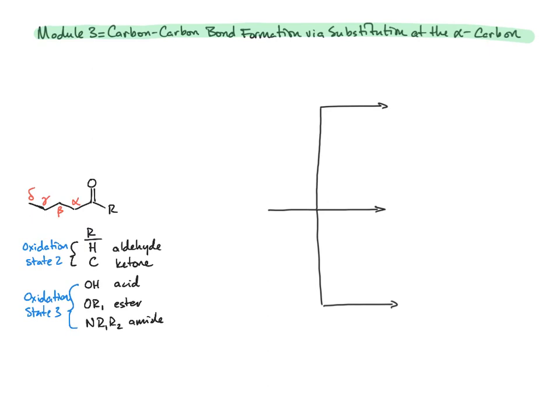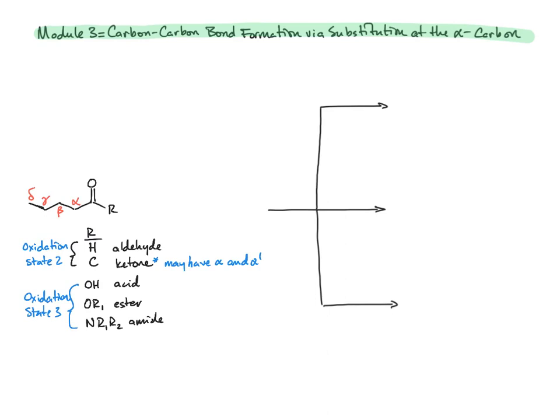So really, the ketone is the one you have to be concerned about. We'll write may have alpha and alpha prime if the molecule is unsymmetric.